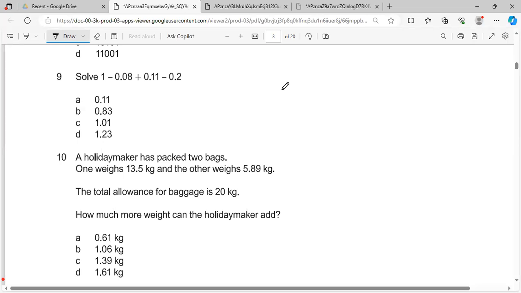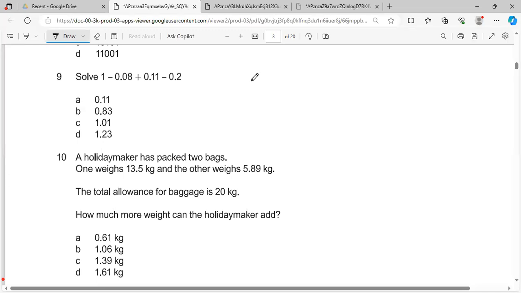Sir, I got C. 1.01. Sir, I also got C. Everybody got C? Whoa. Does that mean it has to be C, right? No, sir. Some people didn't pick C.